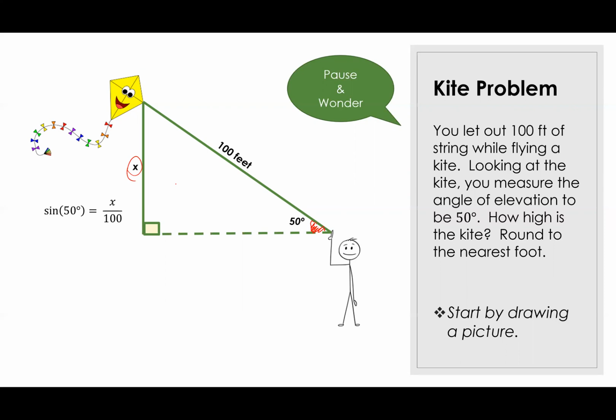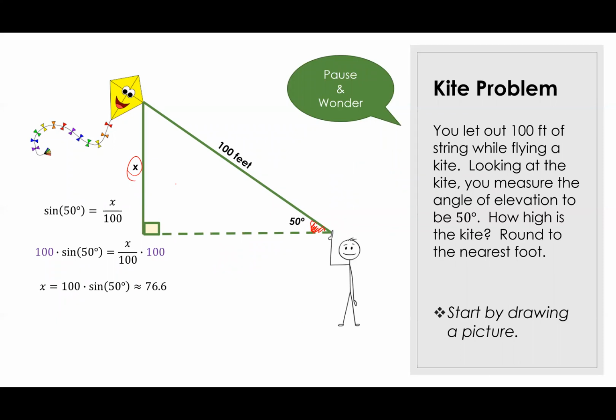To solve for x is to undo the operations around it. So we would say, hey, we're going to multiply both sides by 100. So x is equal to 100 multiplied by sine of 50 degrees. Punch that into your calculator.